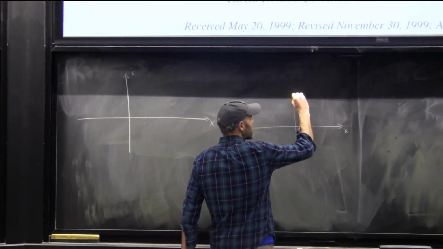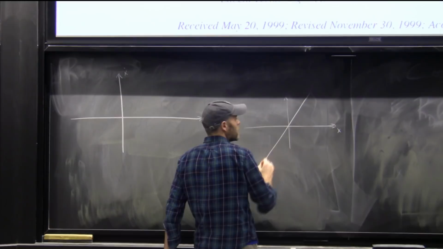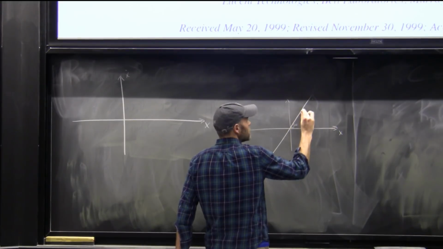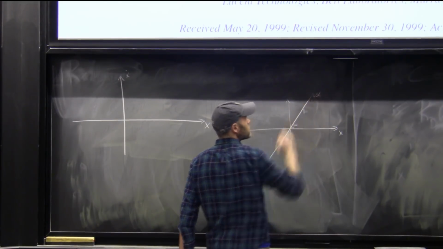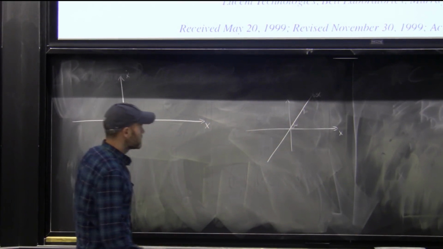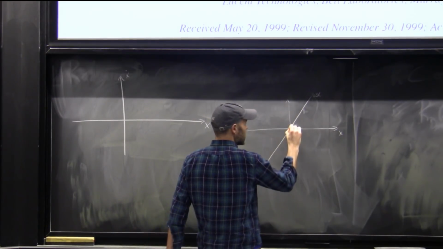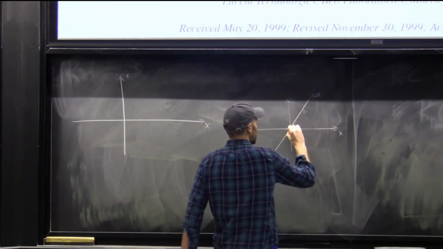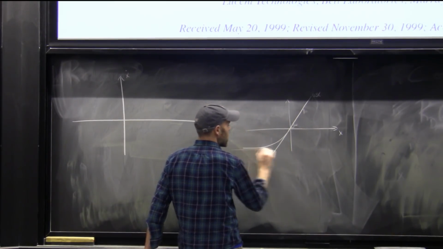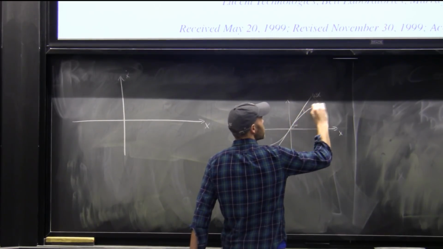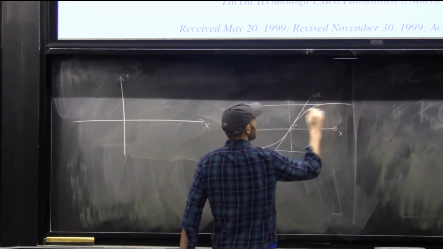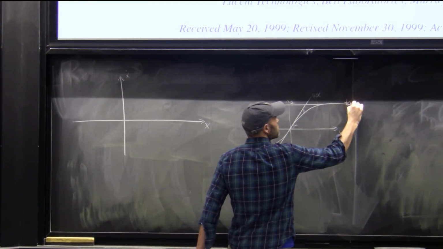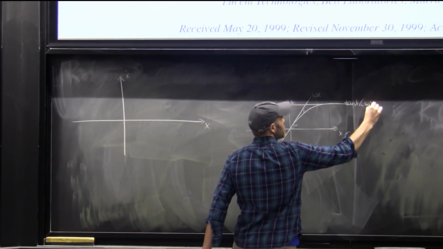If I have x, and a line here that has slope w, so this is the line wx, then tanh is actually pretty cool. At 0, it has a slope w. The gradient of tanh is w, and then it flattens out to 1 and negative 1. This is tanh of wx.